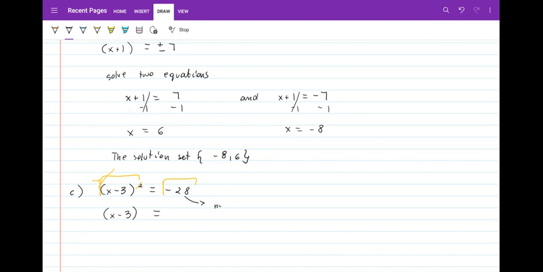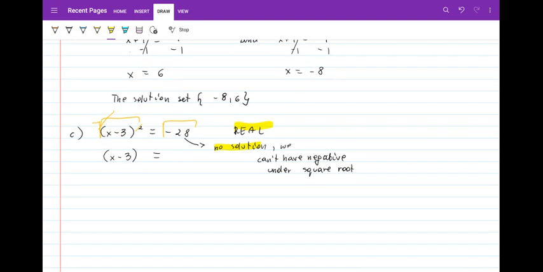So no solution here. We can't have a negative under a square root. So I would say there's no real solution, and I asked you to solve in the real number system. So in the real number system, this one has no solution.